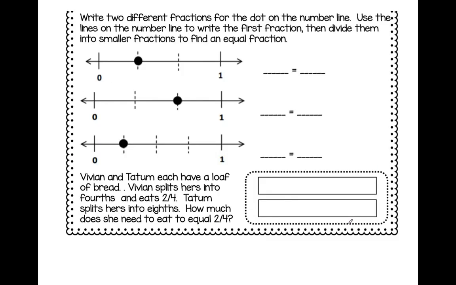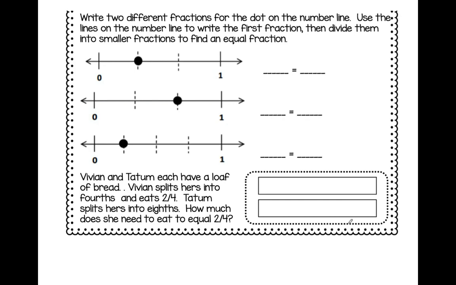All right, we're going to keep going. And this one looks a little bit different. And so I'm going to spend some time actually breaking this down for you. It's asking you to write 2 different fractions for the dot on the number line. Write the first fraction using the lines on the number line.